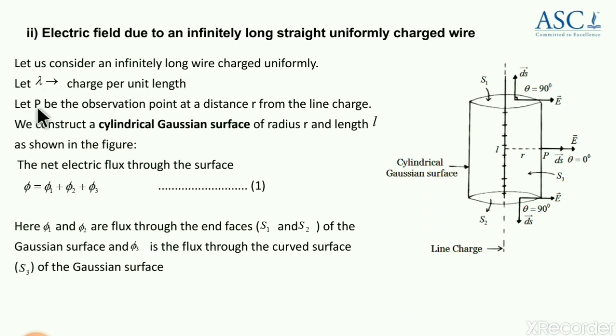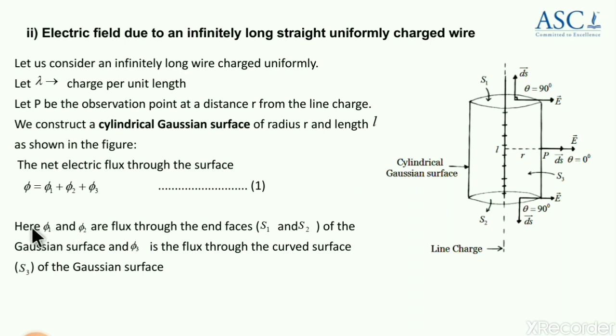Now next you have to write, let P be the observation point at a distance r from the line charge. Let us construct a cylindrical Gaussian surface of radius r and length L as shown in the figure. Since the wire is infinite, you choose a cylinder which is a Gaussian surface of certain length L. Now what we have to do? We have to make use of calculating flux. See here, phi 1, phi 2, phi 3 are the fluxes through these three surfaces as I have explained earlier.